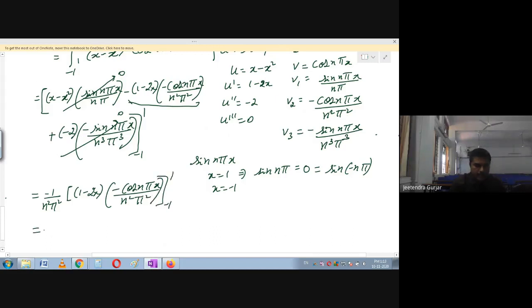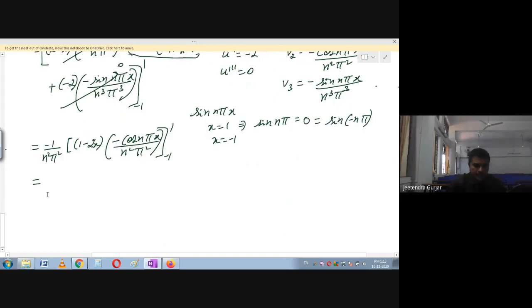Okay, we will substitute one by one. First I will substitute one value. I will keep this minus as it is, minus 1 upon n square pi square as it is, students. So this will become 1 minus 2. Okay, this will be 1 minus cos n pi, x is 1. n square pi square is outside.